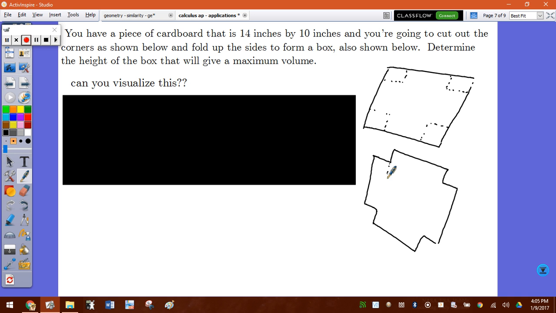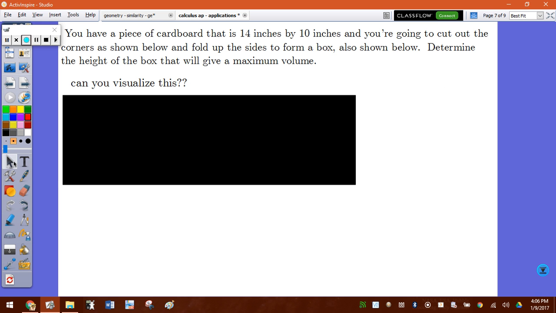These would fold to become a box without a top, just sort of a tray of sorts. And the bigger these cuts are, the bigger these squares are, the taller a box you would have. Okay? So with all that said, here's the visual.